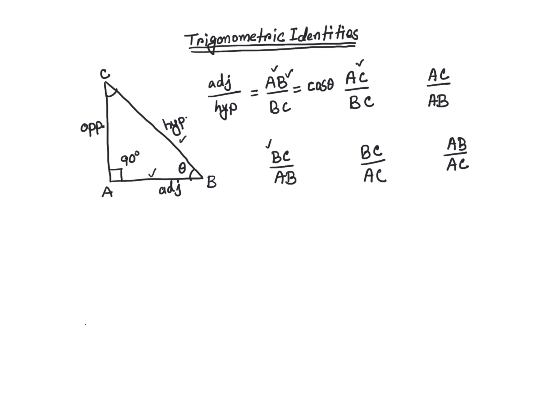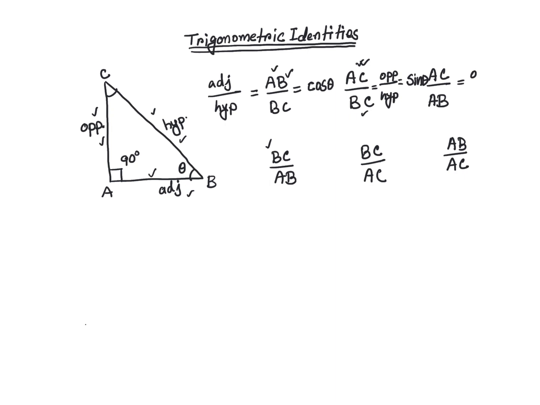Now similarly, opposite over hypotenuse, which is this one, AC over BC. So AC is this side, BC is this side. So that is opposite over hypotenuse, and I define it as sine of theta. And the last one in this row is AC over AB. So AC is the opposite and AB is the adjacent.